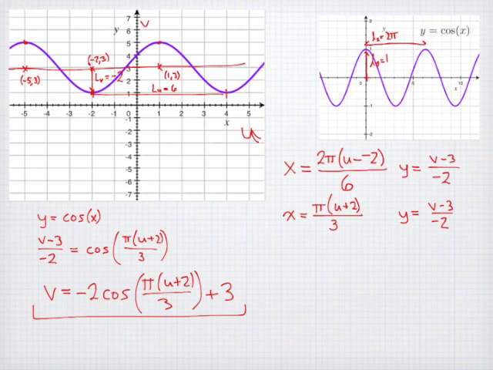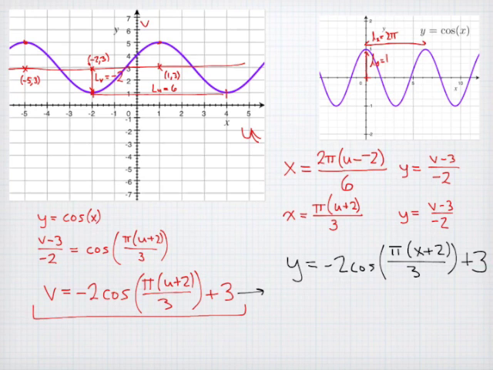And as for our previous examples, we really want this in terms of our natural variables y and x. So we change our variable v to y. We get y equals -2 cosine, and we'll change our u to x, so pi times x plus 2 divided by 3, plus our centerline height 3, which I want to emphasize corresponds to the y value of our center line given by our center point, -2, 3.